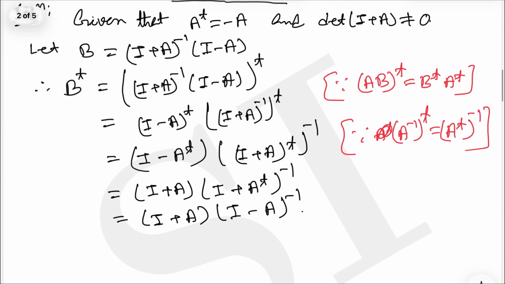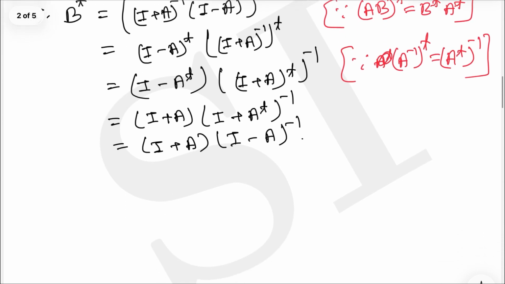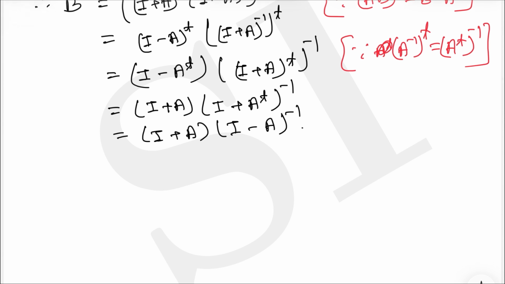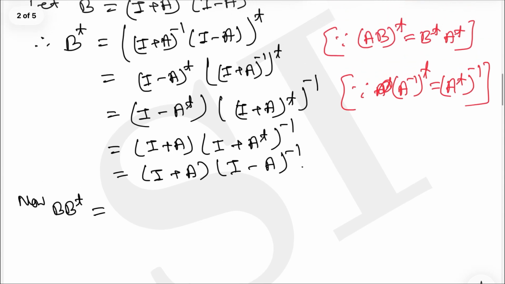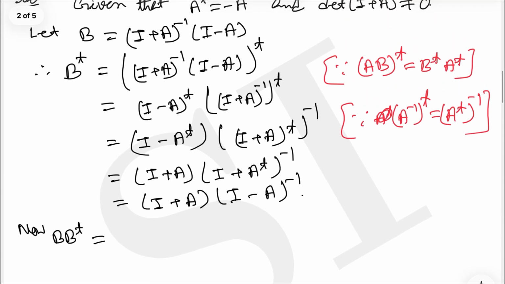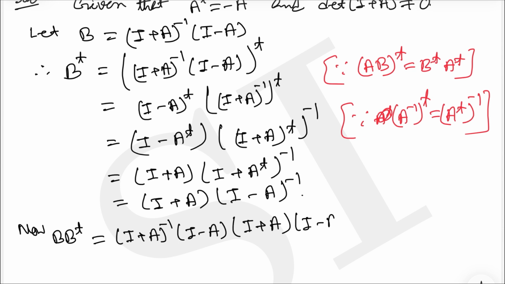Now we have to compute B into B transpose. B is actually (I plus A) inverse into (I minus A), and B transpose is equal to (I plus A) into (I minus A) inverse.